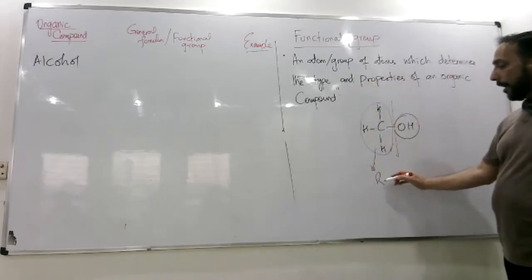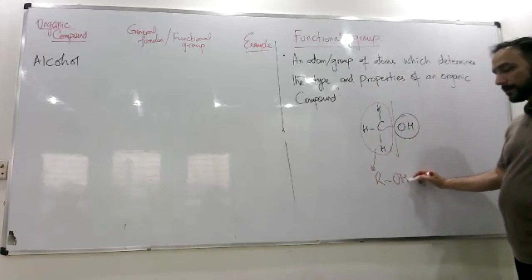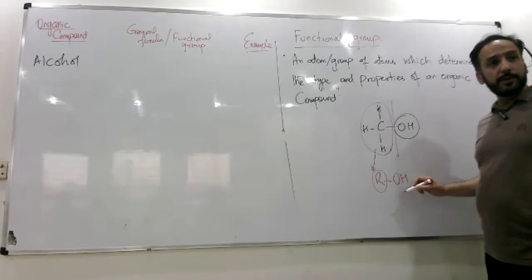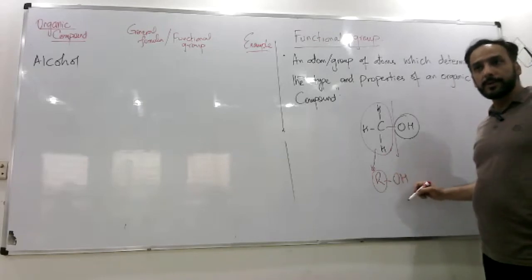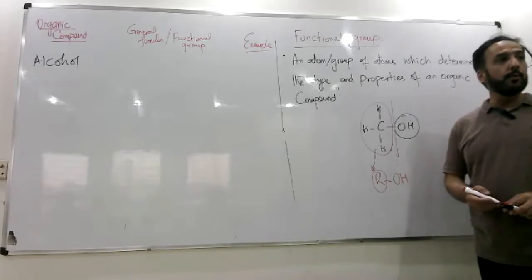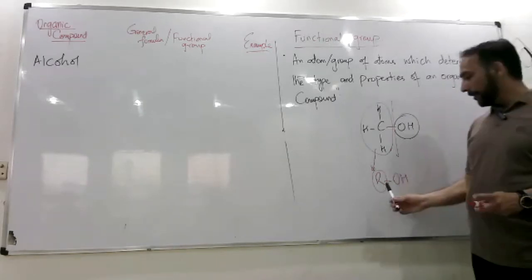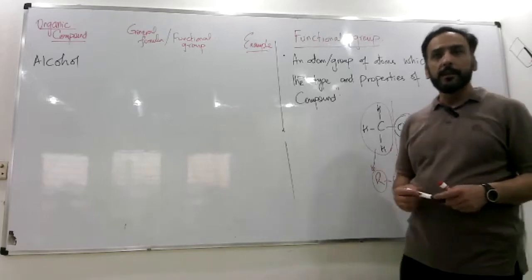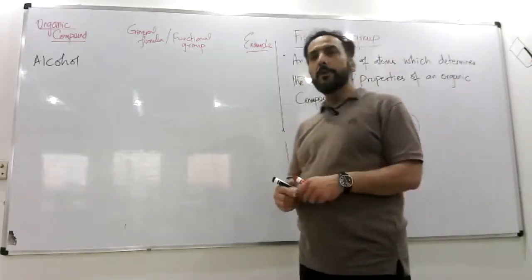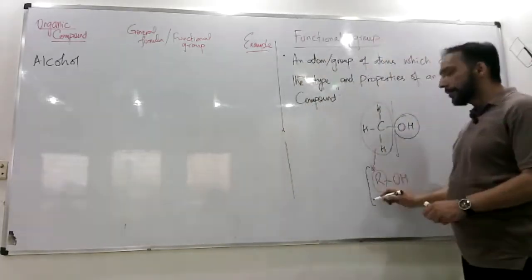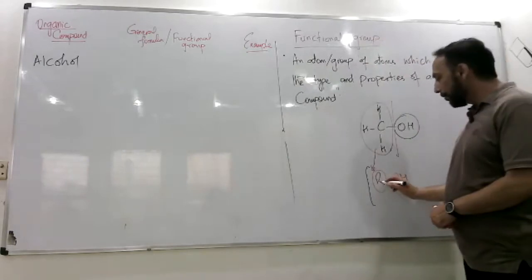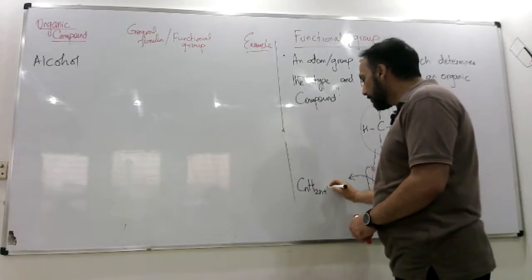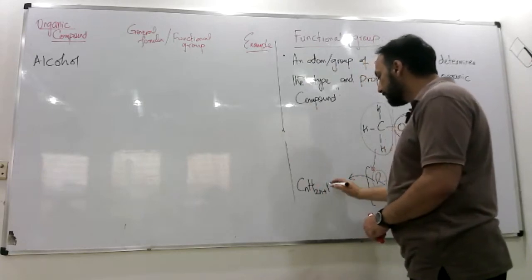So methyl is R, and OH with that. So the alcohol's general formula is ROH, right? If you wish to open up R, what is the general formula of R itself? CnH2n+1. So if you write the complete general formula of an alcohol, we open up R and write CnH2n+1 and OH.